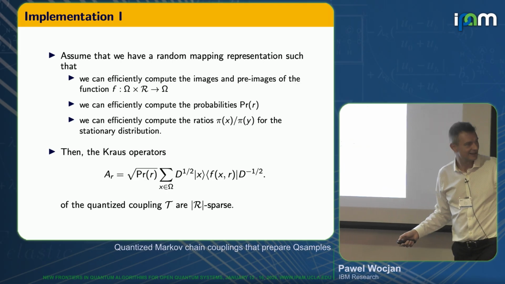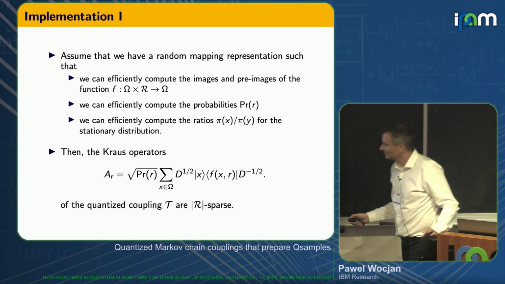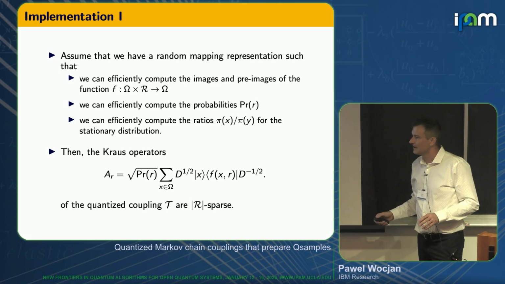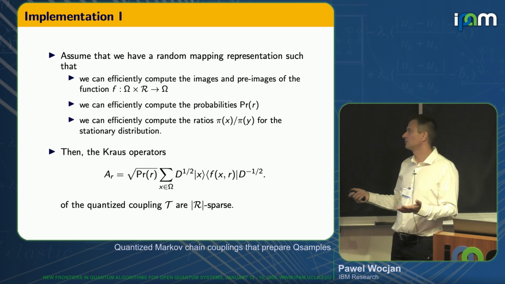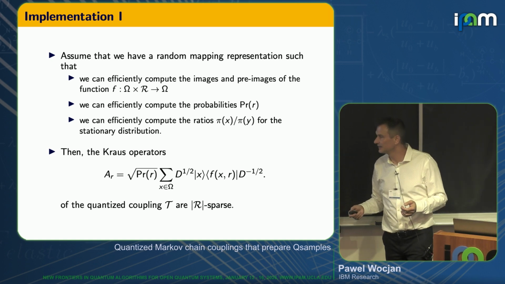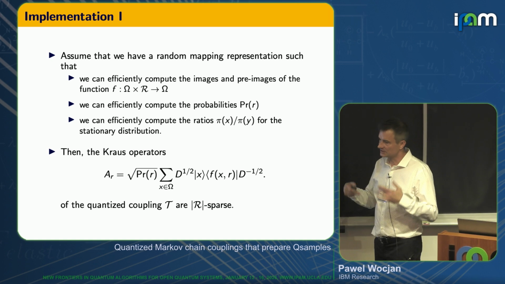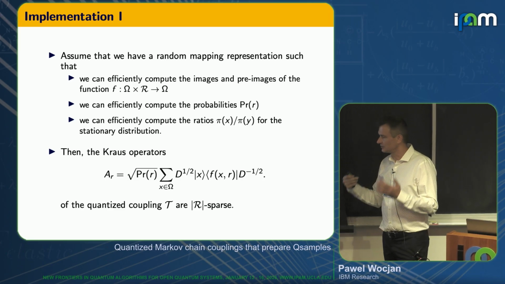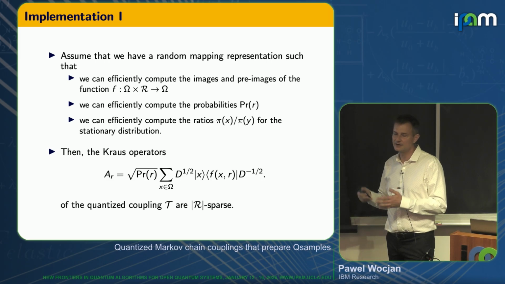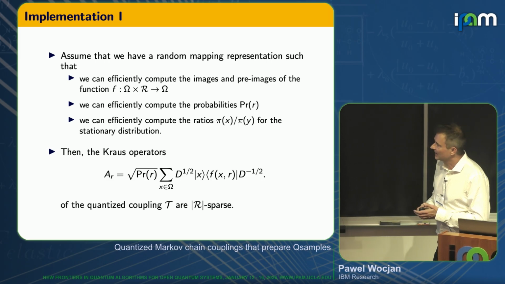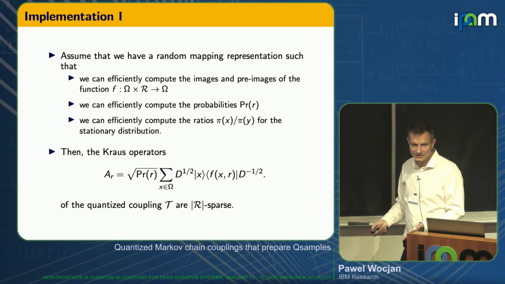Okay, and so here I'll have to sweep a lot of details under the rug, but you can just invoke a lot of very cool results. So for example, if a matrix is sparse and its norm is less or equal to 1, then there are mechanisms how you can efficiently block encode.